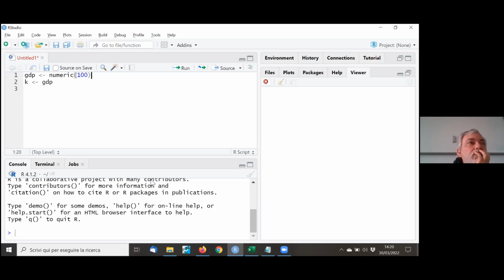Next, a section for placeholders, that's what I was doing now. And then a line with initial values, where you assign the initial values to each of these placeholders. And then a for loop, that will be the simulation section.